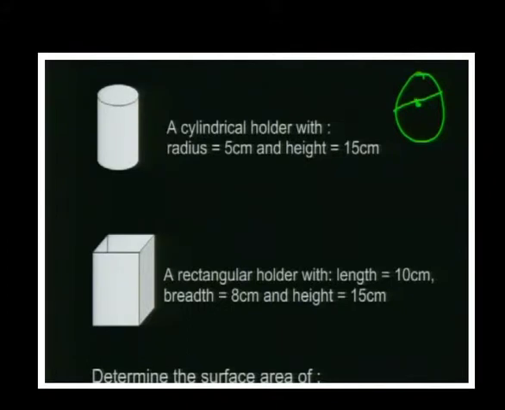Now that really looks wrong. And my radius is from the center of the circle just to the circumference of the circle. And it takes two radiuses to make one whole diameter. So I have a radius, and those two radiuses make the diameter.